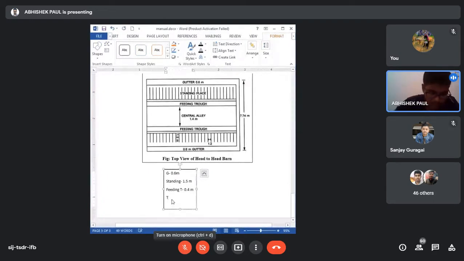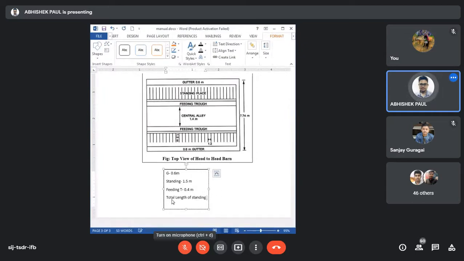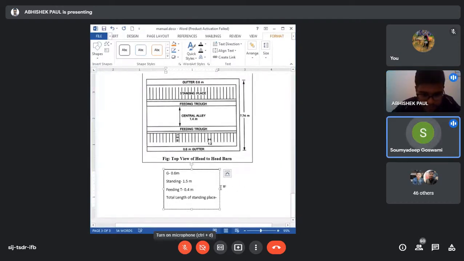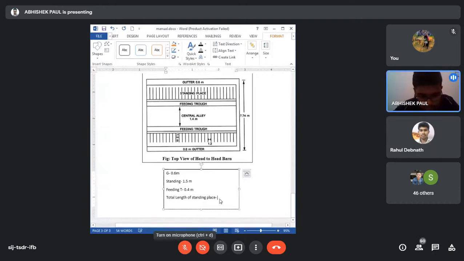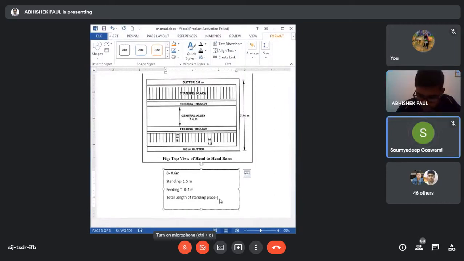This will be the total length of the standing place for a cow. 0.6, 1.5, 0.4, so 2.5 meter.